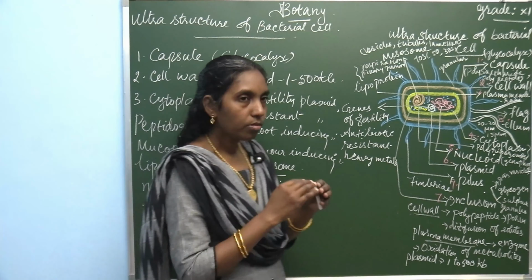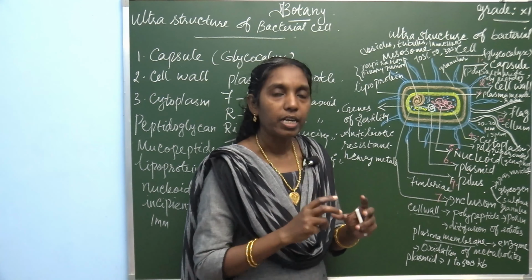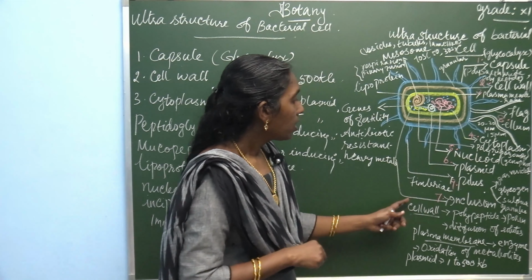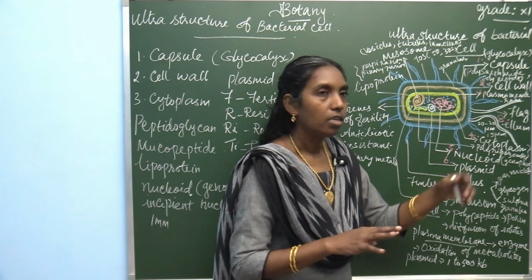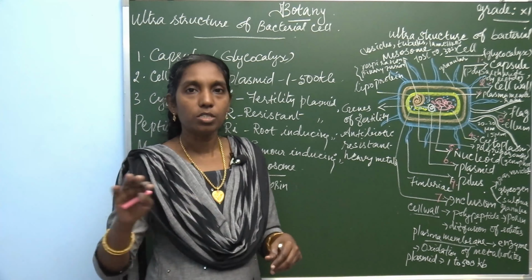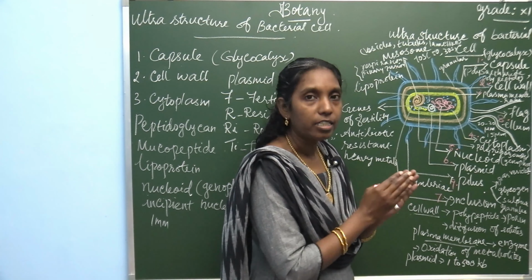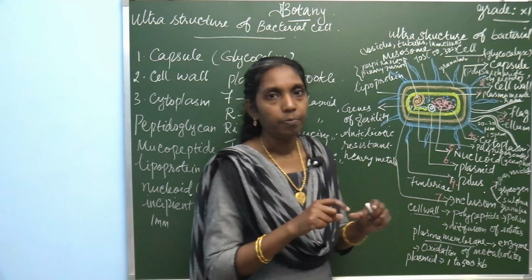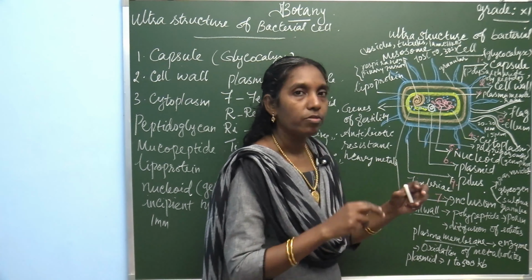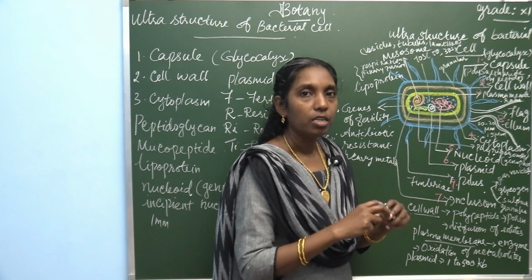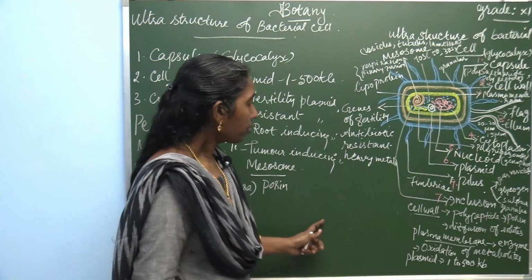A conjugation tube forms because of this pilus, and those pili are known as sex pili. So the pilus is another appendage. Flagellum is used for locomotion, while pilus helps for attachment, mainly at the time of conjugation, forming the conjugation tube. The pilus that helps in reproduction is known as sex pili.